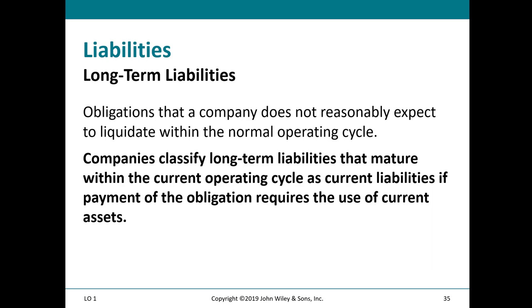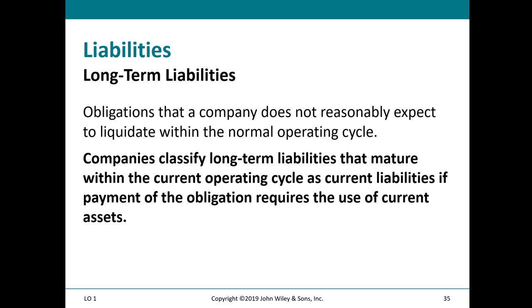Long-term liabilities are obligations that a company does not reasonably expect to liquidate, which means to pay, within the normal operating cycle. So that would be 1 year or longer. Companies classify long-term maturities that mature within the current operating cycle as current liabilities if payment of the obligation requires the use of current assets.